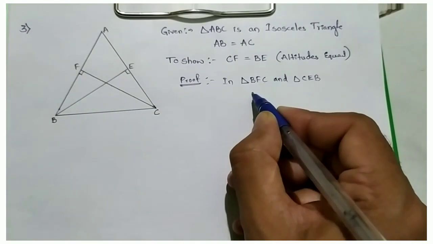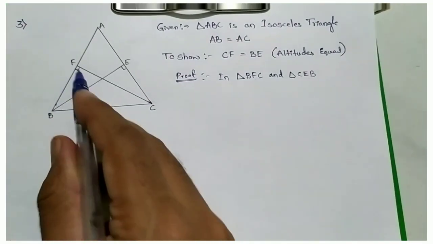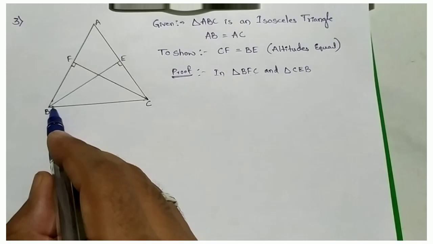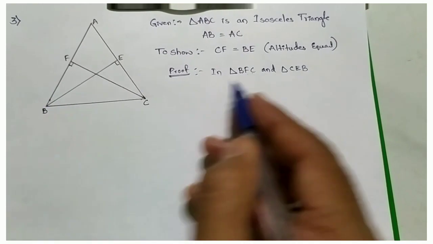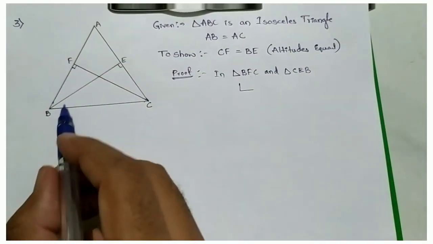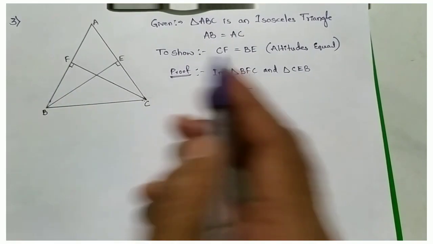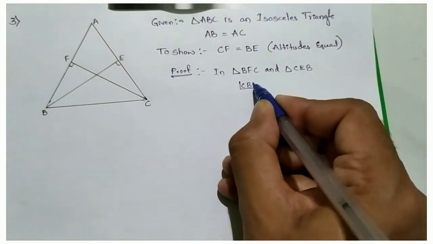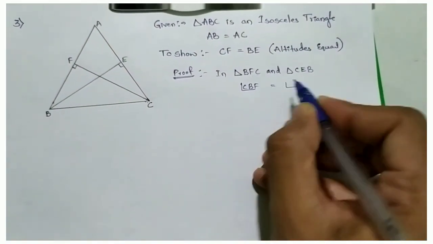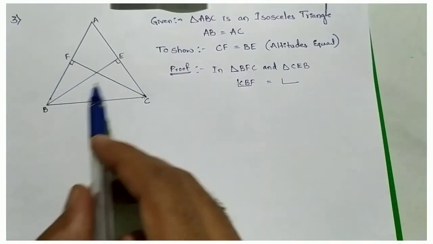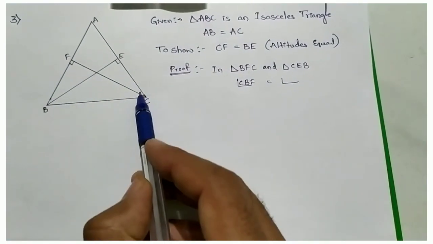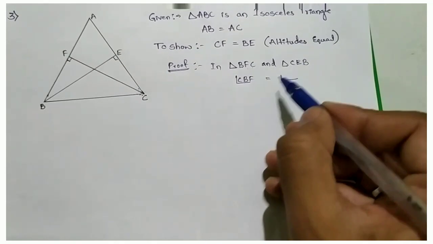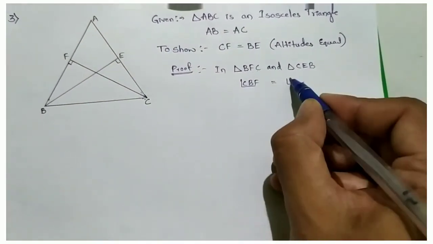So I will take here BFC. Here I am getting the angle B, that is angle CBF, equal to, and if I take CEB, here I will take the angle C, that is BCE.